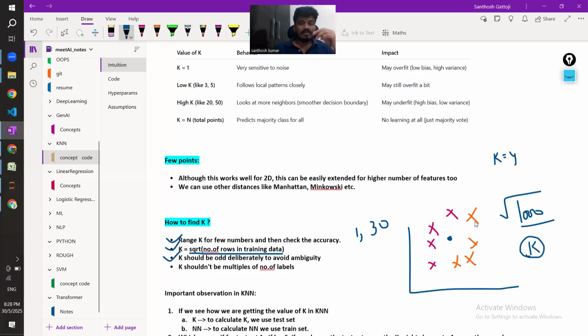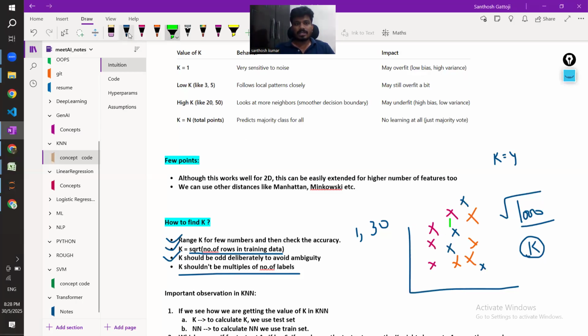Also, not every odd number, because it should not be a multiple of the number of labels. Let's say you have one more color. For example, pink is Setosa, this is Virginica, and blue is Versicolor. Now there is a green data point I am putting here.